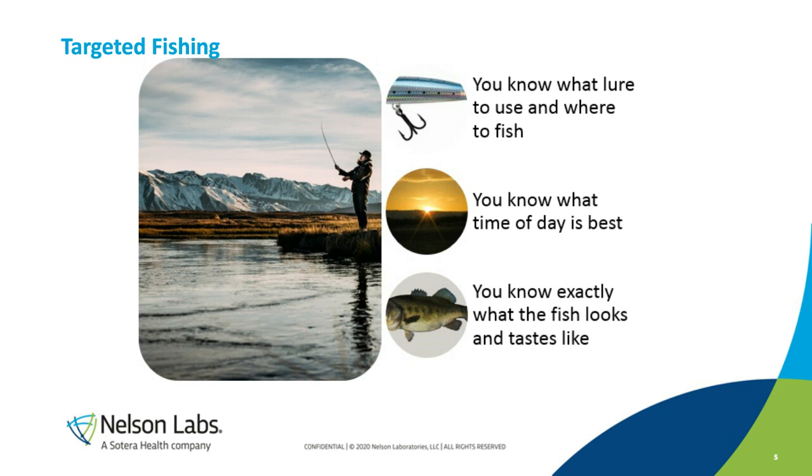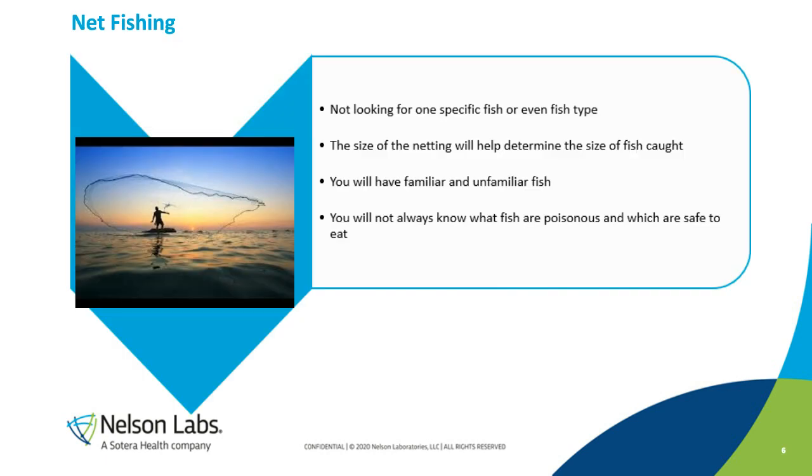It's something that you've done many times, and you're very confident that you can catch one and know when you have caught one. The net fishing, though, is a little bit different. When you throw out a net, maybe you're looking for a specific type of fish, but that net doesn't care. It's going to catch whatever fish is in that area. And the size of the netting is going to determine the size of the fish.